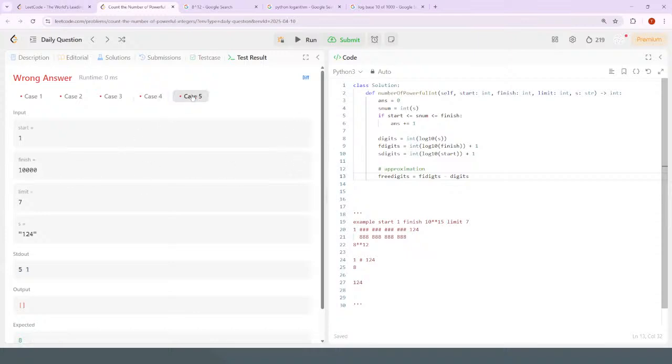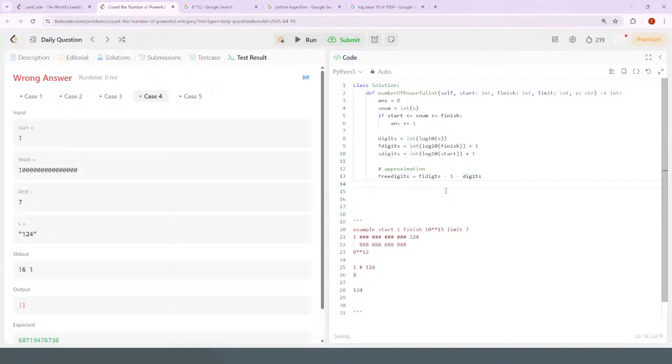Oh wait, do I need to add +1 for these now? Or no? Start is 1, end is 5. 1, 2, 3, 4, 5. Start is 1, end is 16. Yeah, 10 to 15 is 16 digits. So if it's 16 digits, it's going to be that thing minus 1, minus the number of digits is the number of free digits.